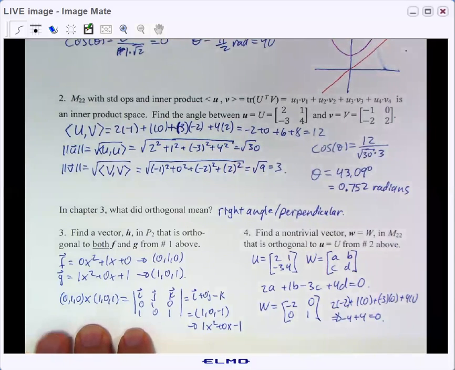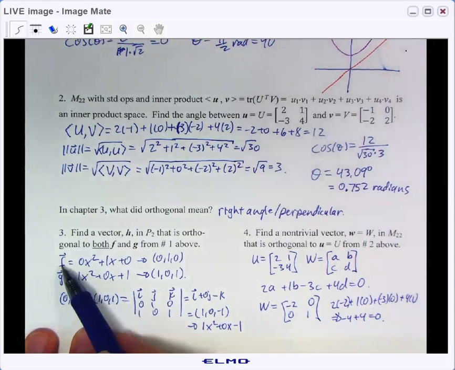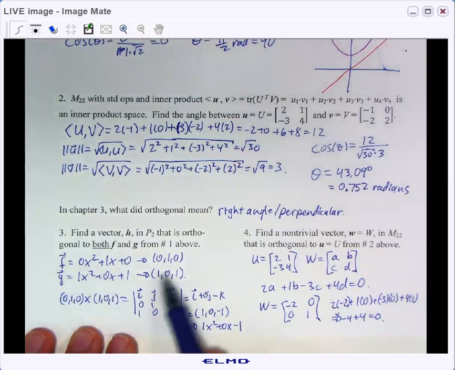So here's some work I did. Remembering that P2 behaves like R3 does, we can think of the f vector as the 0, 1, 0 vector, the g vector as 1, 0, 1, and we saw something pretty cool in chapter 3 that gave us something orthogonal to 2 input vectors in R3, and that was the cross product.